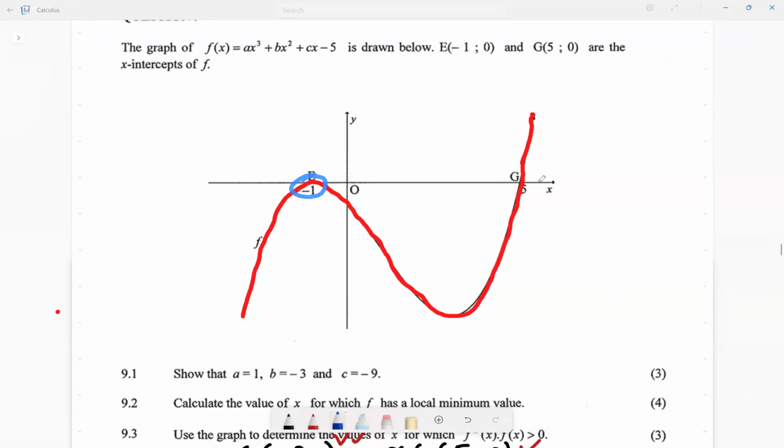Having one negative root and one positive, guys, roots are just x-intercepts. So the first one is negative, the first one is positive. So how can I shift this graph such that we'll have two positive and one negative?